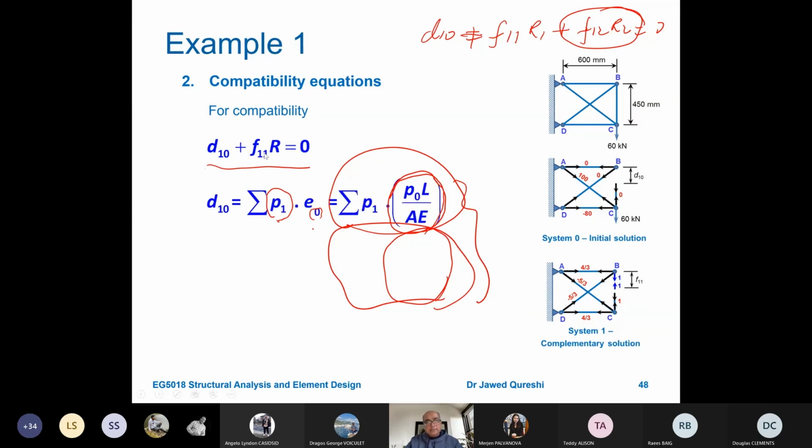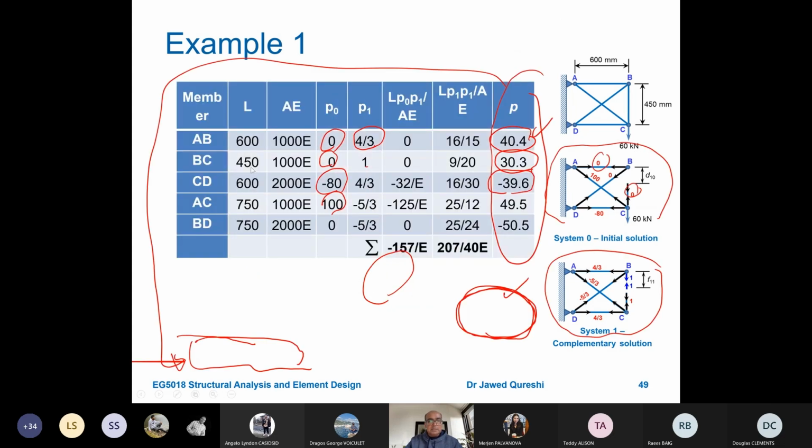And then I applied these equations, D10 plus F11 R. This is the equation that I used: P1 P naught L over AE, P1 P1 L over AE. This is equal to F1. And this is the summation. So P1 P naught L over AE will contribute to D10, and P1 P1 L over AE will contribute to F11. And for each individual member, I worked that out.